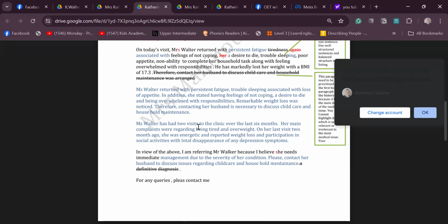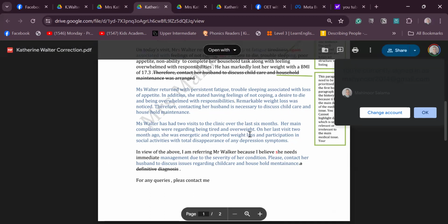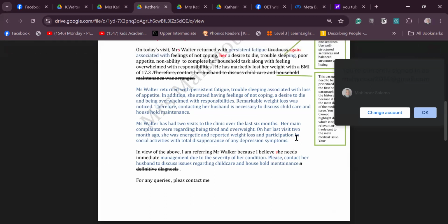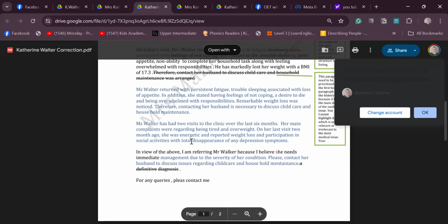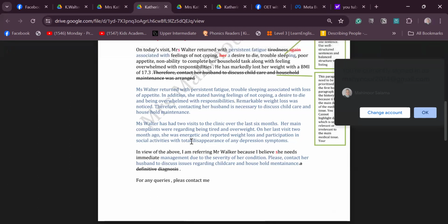Mrs. Walter has had 2 visits to the clinic over the last 6 months. Those visits were irrelevant, in your opinion, but there is something relevant here. Her main complaints were regarding being tired and overweight. On her last visit 2 months ago, she was energetic and reported weight loss and participation in social activities with total disappearance of any depression symptoms.